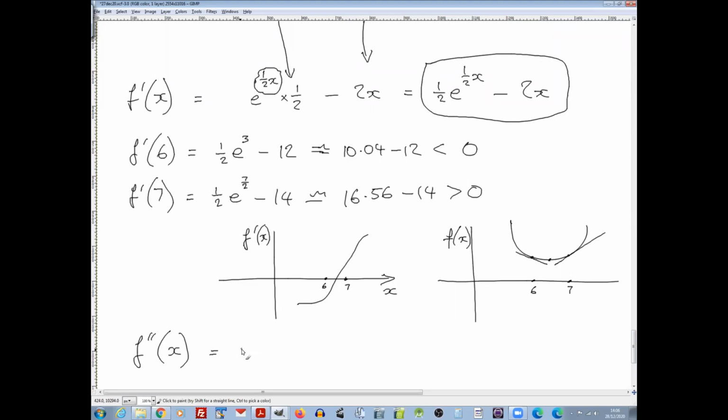Okay, but we'd get a blob of half x. Yes. And so you'd get half e to the half x times half. Yes. So you'd get a quarter e to the half x. Yes, you would. Good. Minus 2. Good.